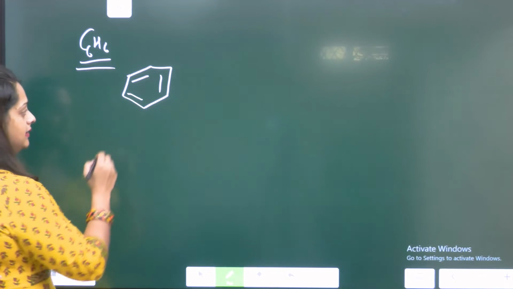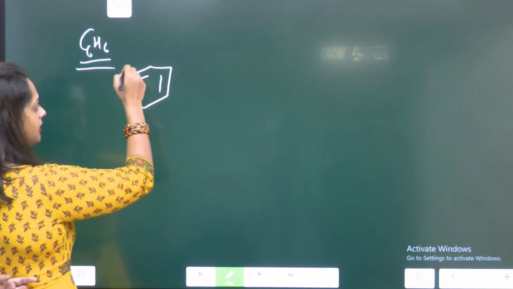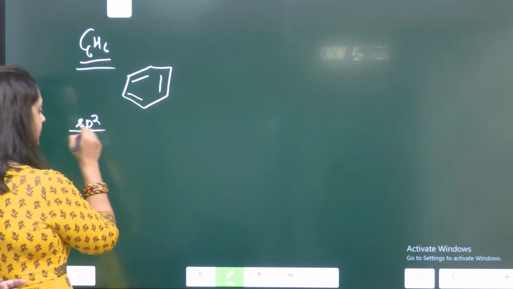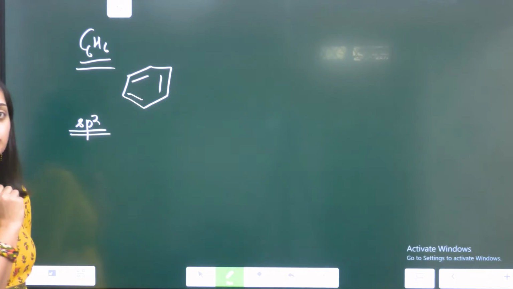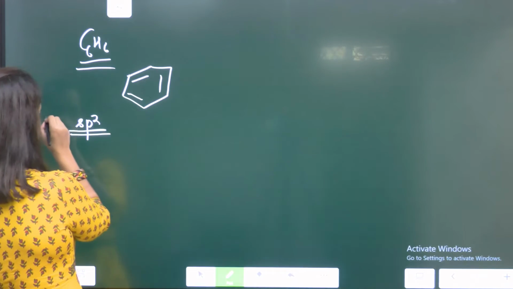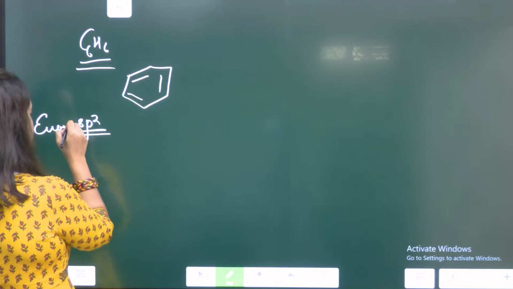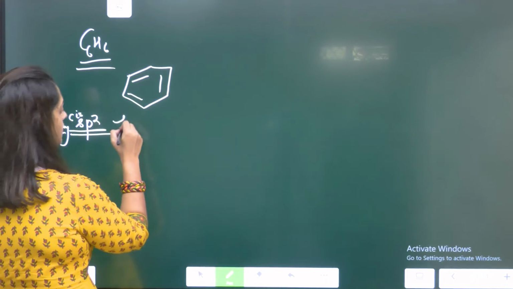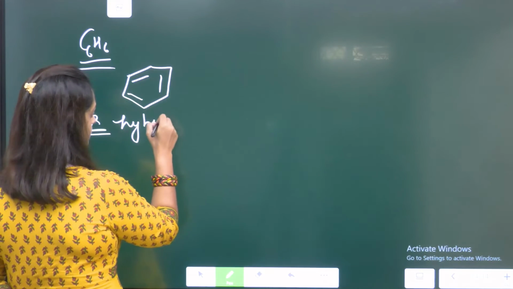So this means that every carbon in this molecule is sp2 hybridized. Does anybody have a doubt that it is not an sp2 hybridized molecule? Every carbon is sp2 hybridized.